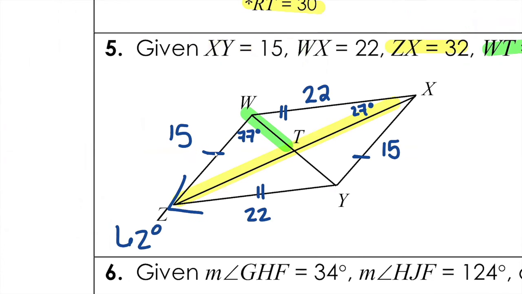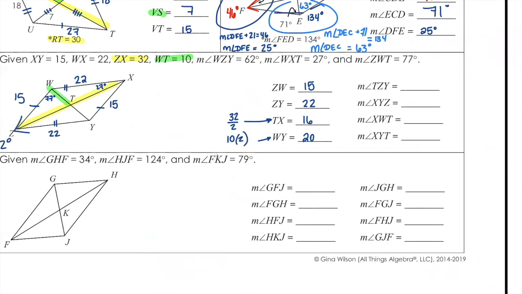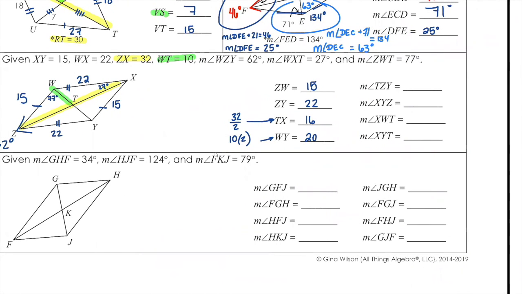Yes? Well, this side's parallel to this side, cut by a transversal. So what do we know about these two angles? They are congruent because of alternate interior angles. So TZY is 27.